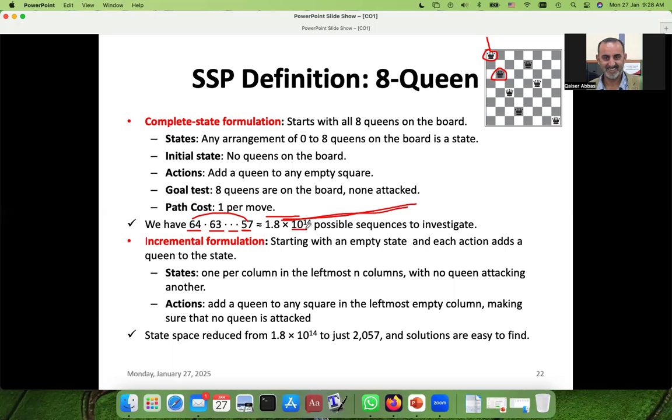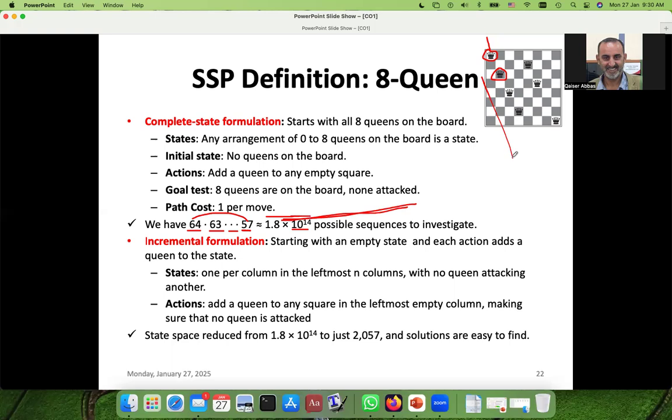This is what it means. And this is how big a figure, how big a number, you have to search through to find these possible sequences.